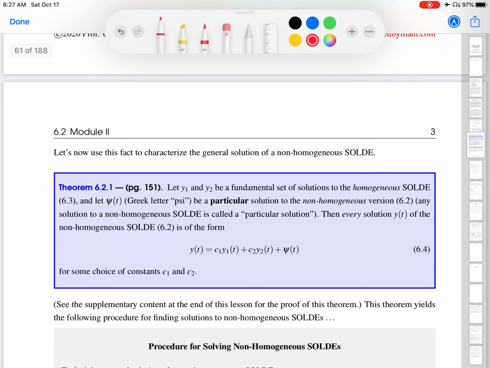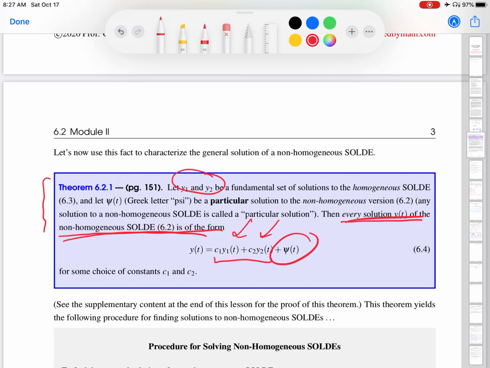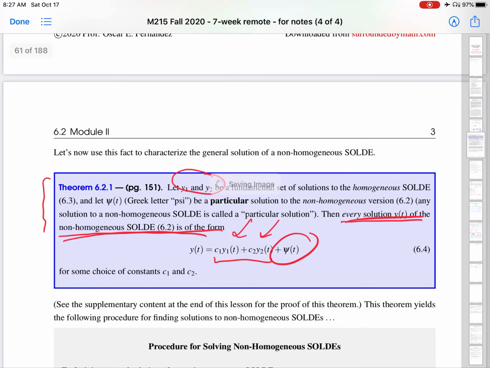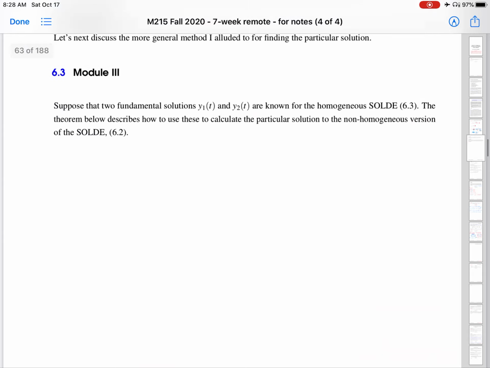So the general solution to the non-homogeneous ODE, again, there are assumptions that we need to check, like y1, y2 being fundamental solutions, is c1 y1 plus c2 y2, the usual solution when y1 and y2 are fundamental solutions to the homogeneous ODE, plus psi. All right, so scroll back down so we can finish up and wrap up this problem.